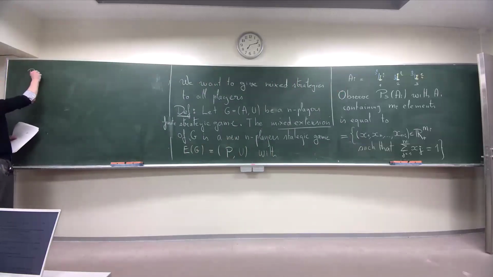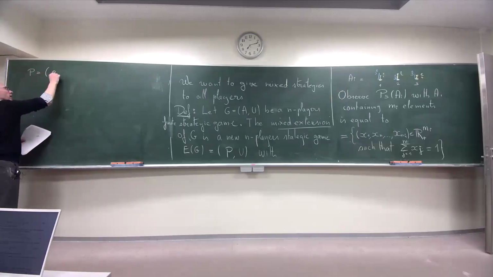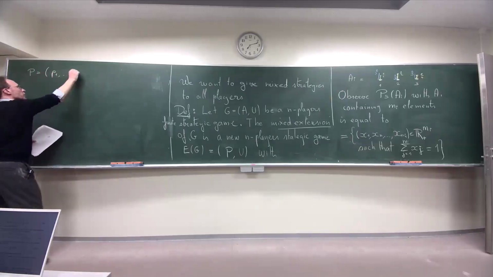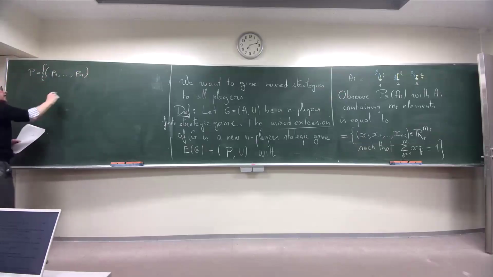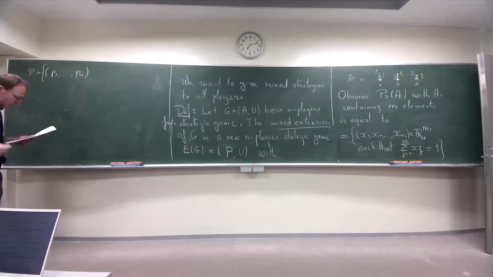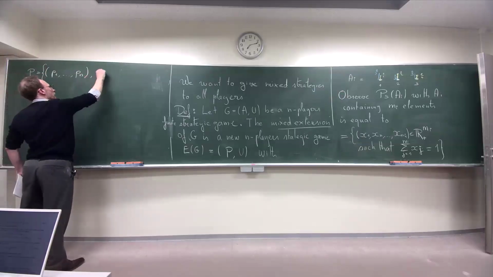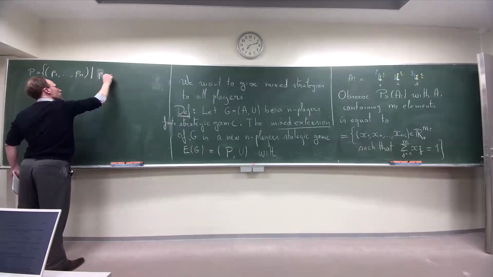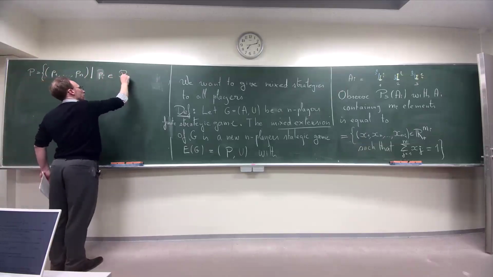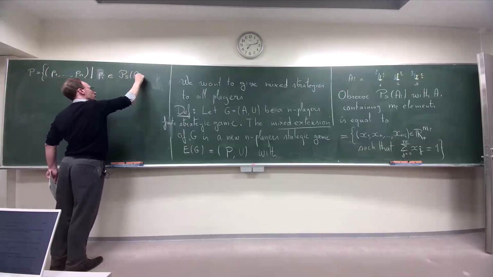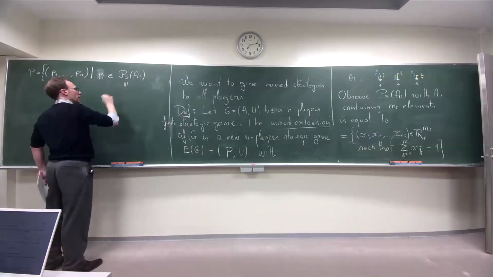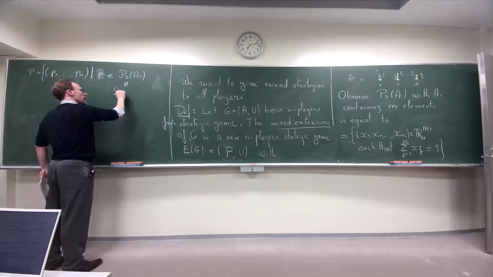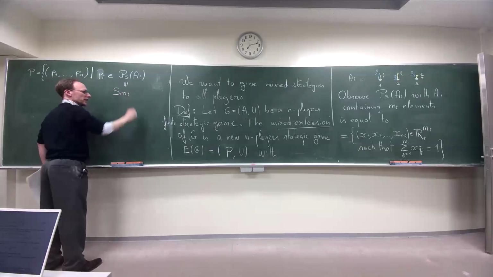So P is going to be P1 up to Pn. It's a set of n points with Pi belonging to Ps of Ai, which I also denote by, I will now use this notation, SMi.